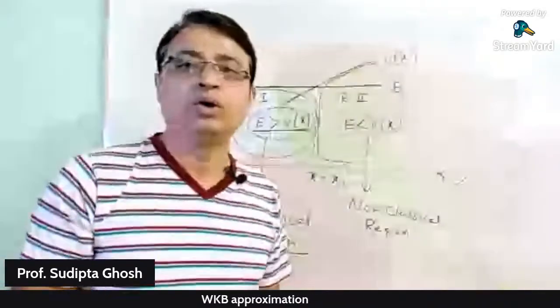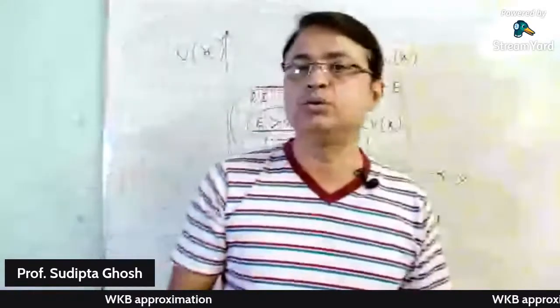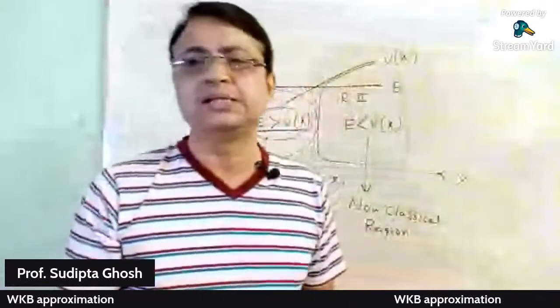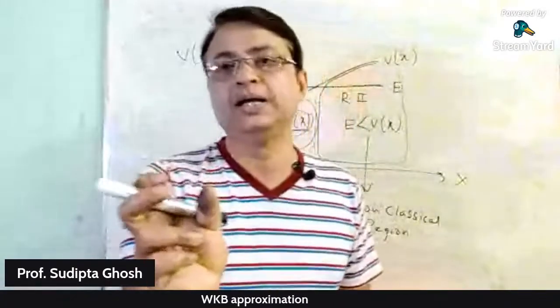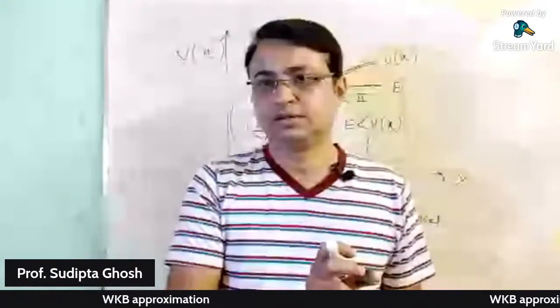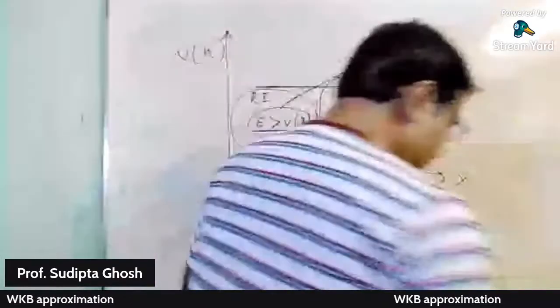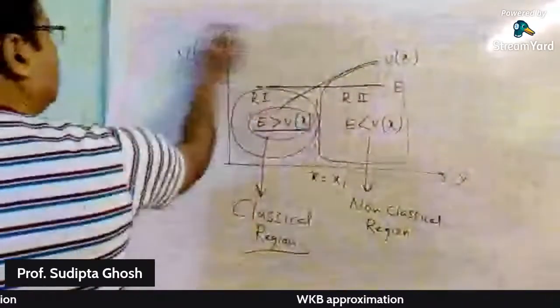So now we are going to find out if there are some formulas with which we can actually tag these two regions. Okay, so these are known as the connection formula.